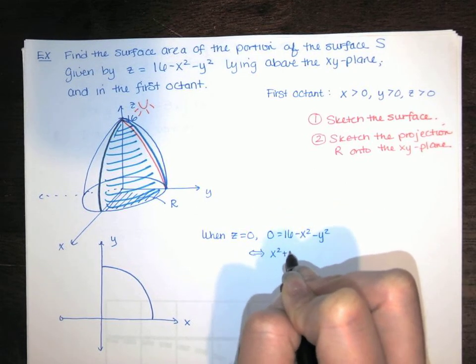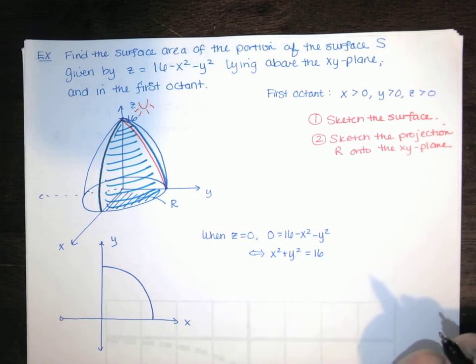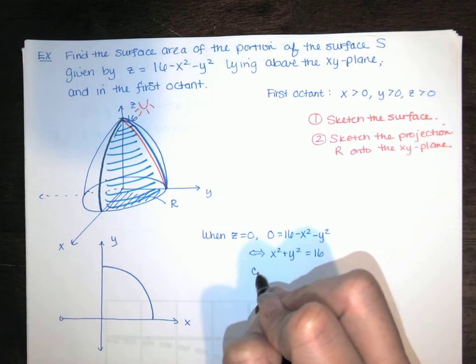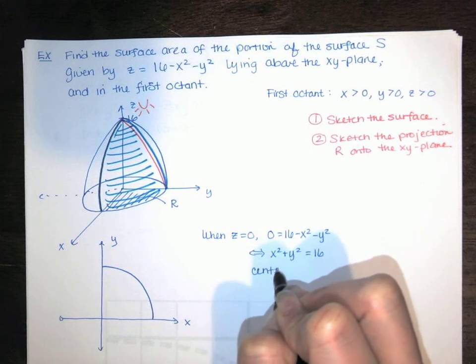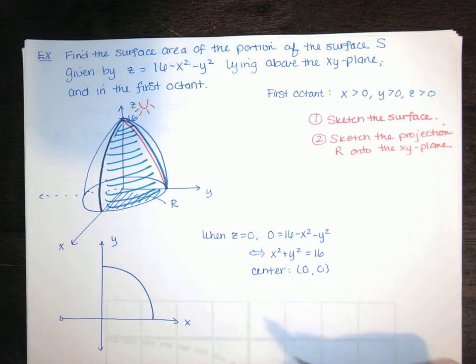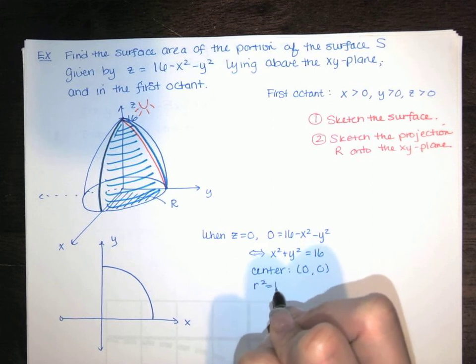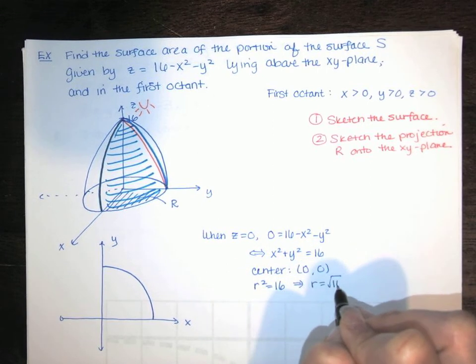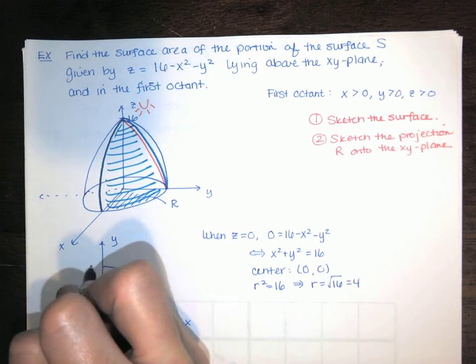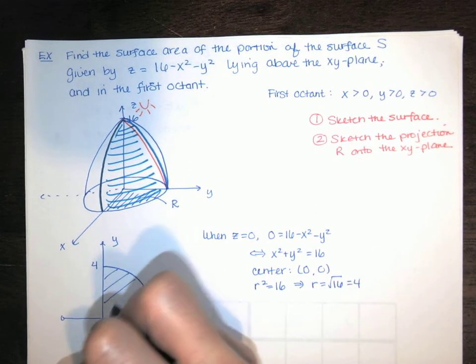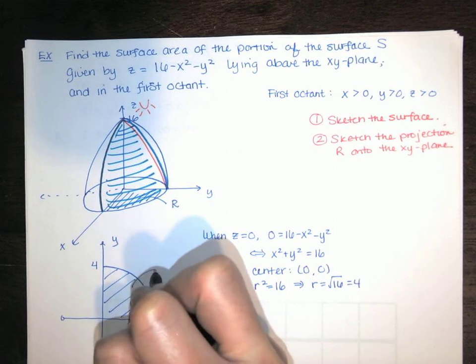And then we add x squared and y squared to both sides. So we get x squared plus y squared equals 16. That is a circle with center 0, 0, because we're not subtracting anything from x or y. And the radius squared, that's the right-hand side, that's 16. So r is the square root of 16, which is 4. So that's our region R.